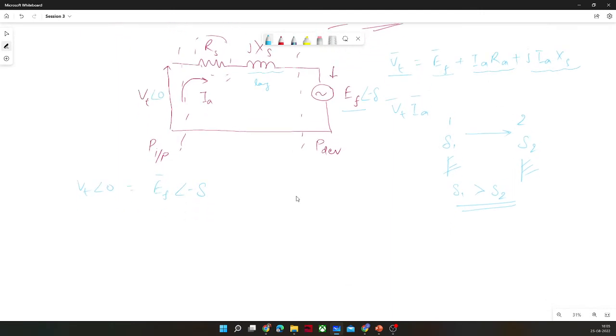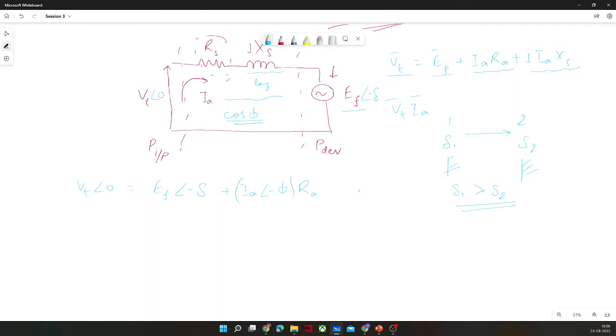If you have any doubt at any point, you can stop me in between. Further, generally IA in lagging terms, so IA would be with power factor phi. Let us take this circuit had power factor phi, then IA would be lagging with angle phi into RA.